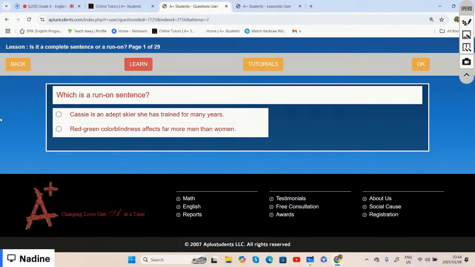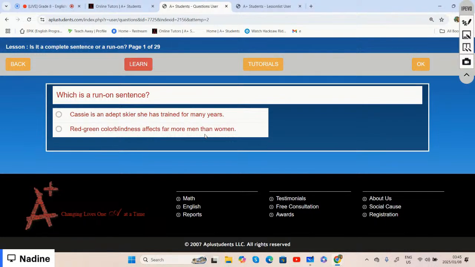It says, which is a run-on? Option one: Casey is an adept skier. She has trained for many years. Or option two: red-green color blindness affects far more men than women. Which one is a run-on sentence?